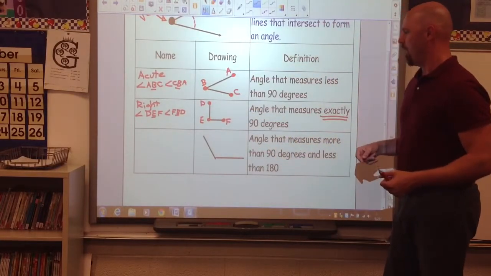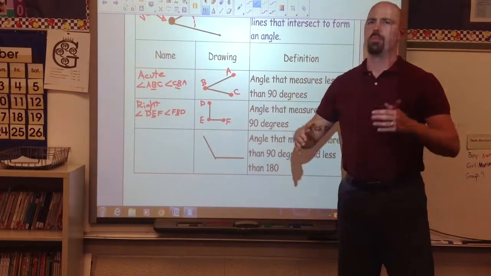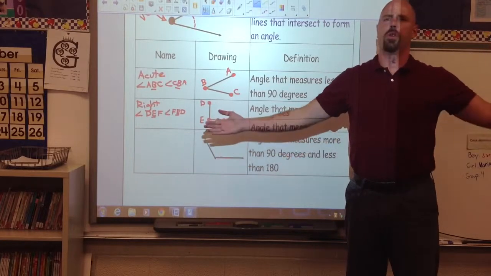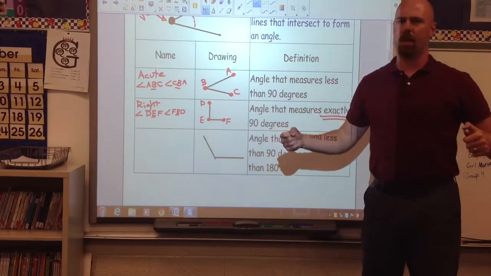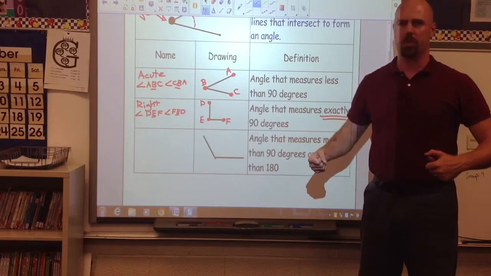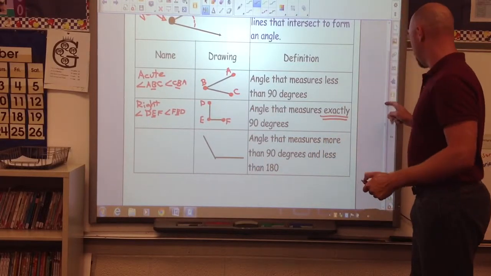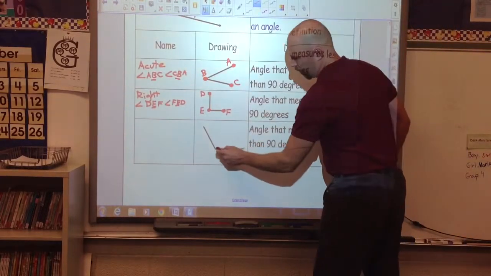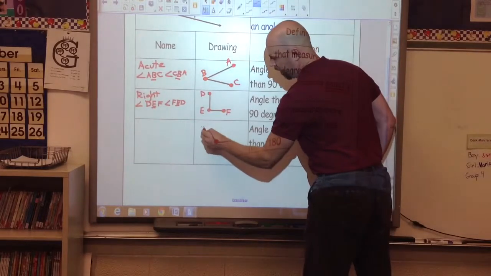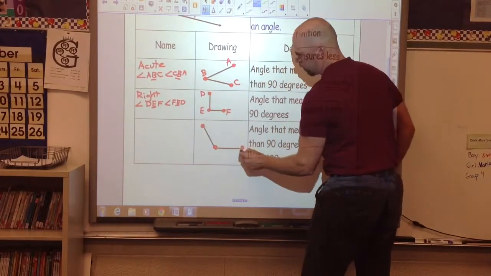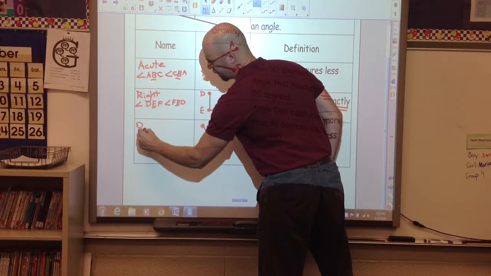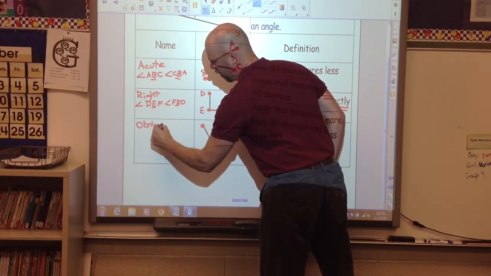Okay? Now our last one is any angle that's bigger than 90 degrees. Bigger than 90, and I talk about how it sounds like a video game character. His name is Obtuse. He's bigger than 90. He's the big bad villain. So we're going to put our points on here for obtuse. This is our large angle.